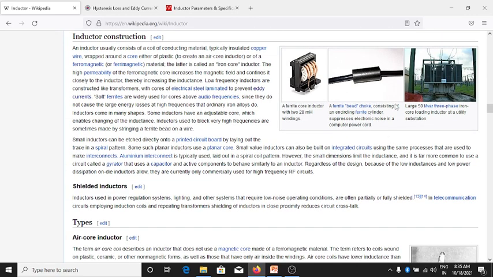Look at this picture. There is an inductor, ferrite core and all. Now, inductor construction.